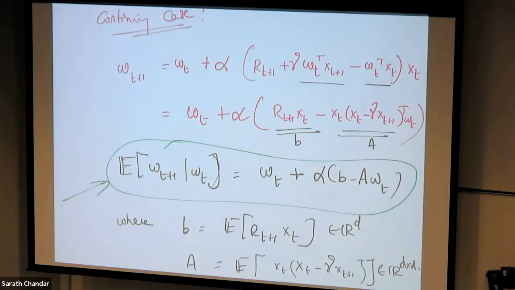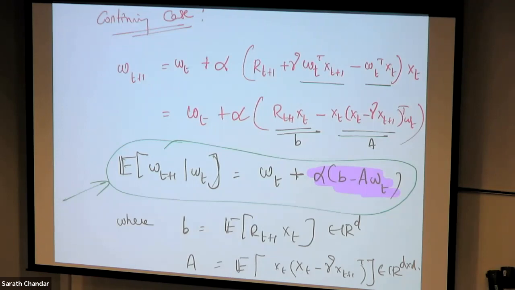That will happen only when this second term goes to 0, right? So if this algorithm converges, I can easily compute where it is going to converge.